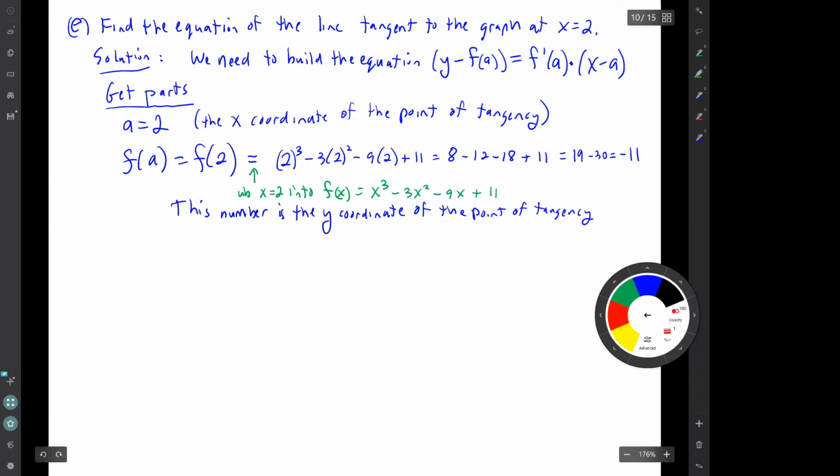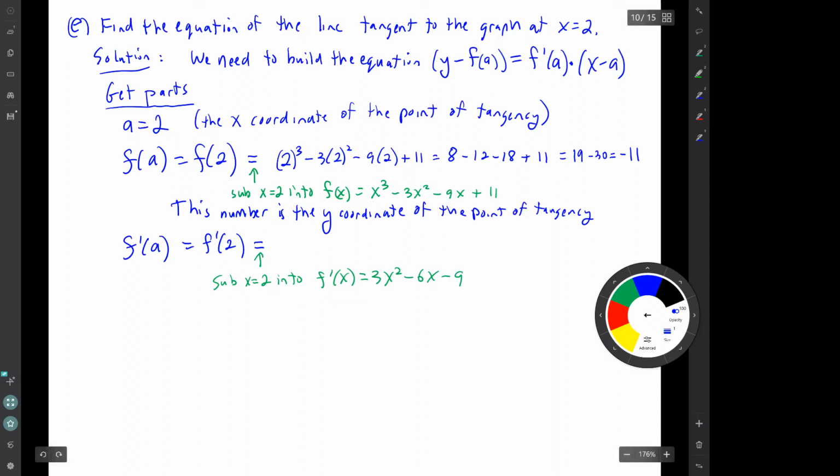Finally, we need to compute f prime of a. Now that means f prime of 2, because a is the number 2. And remember what that means. That means to substitute x equals 2 into the formula for f prime. Remember that f prime of x was 3x squared minus 6x minus 9.